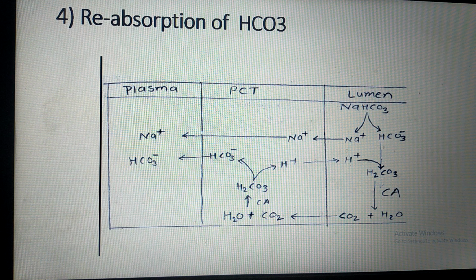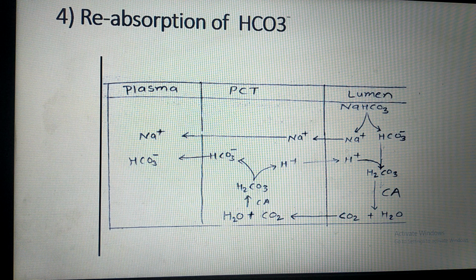NaHCO3 in the lumen is filtered, that is sodium bicarbonate is filtered through the glomerulus and enters into the lumen. It is then broken down into sodium ions and bicarbonate ions. Now the H plus ions which are excreted in the first mechanism combine with this bicarbonate to form H2CO3.